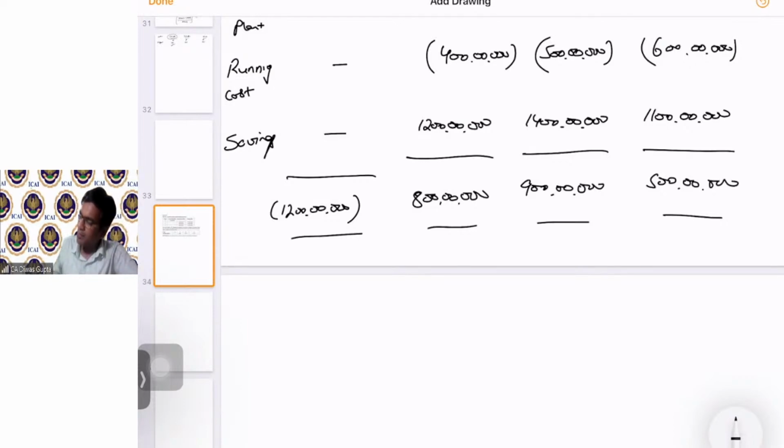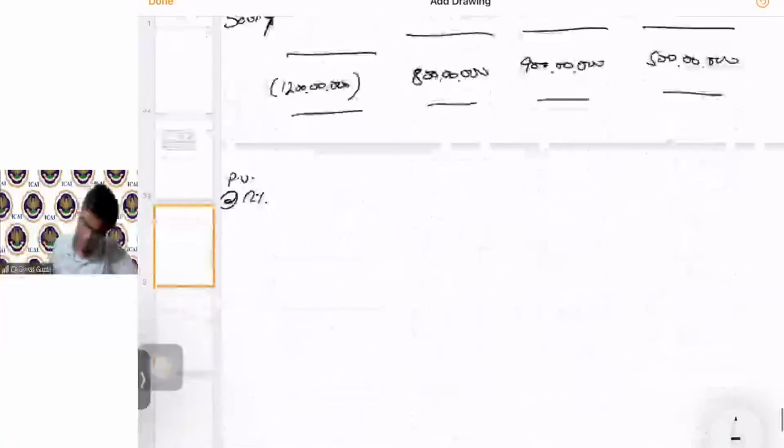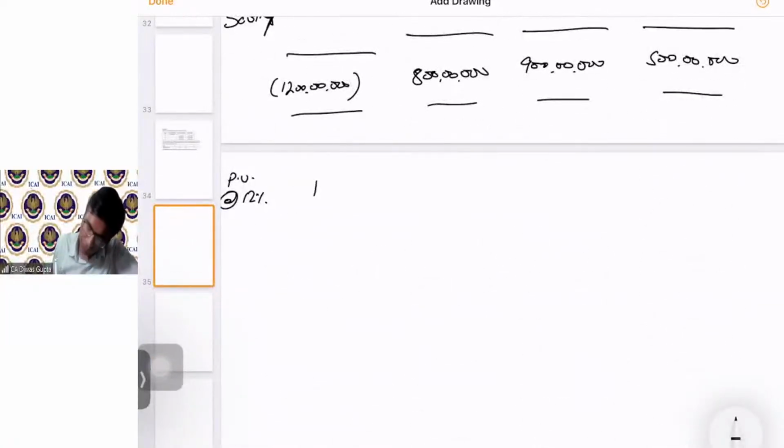And then we can simply multiply the present value factors at the rate of 12%, correct? Yes, 12%, that is also given in the question. 1 for year 0, 0.892 for first year, 0.797 for second year, 0.711 for third year.